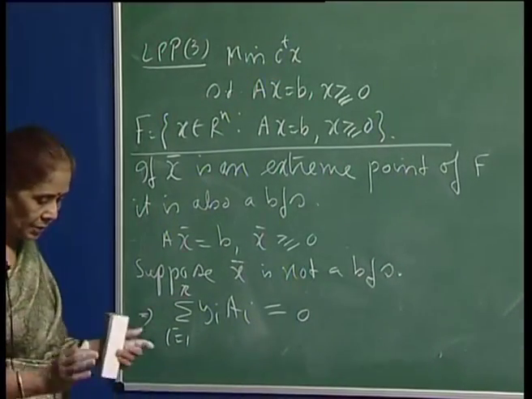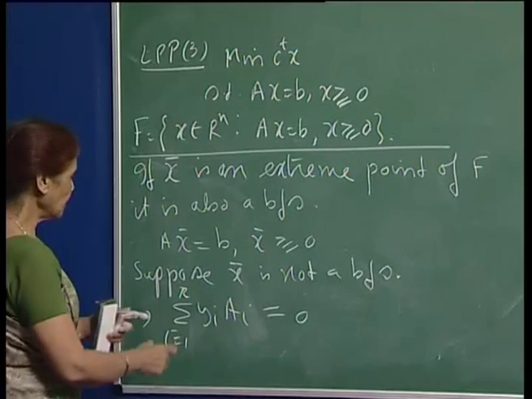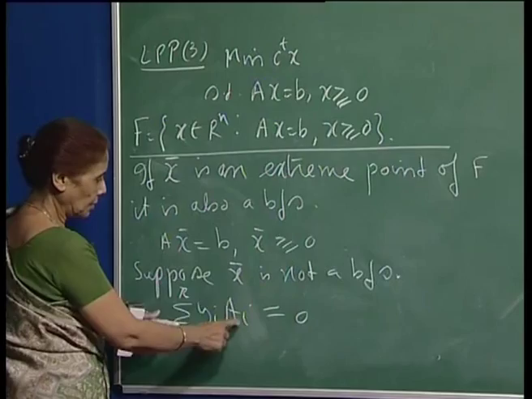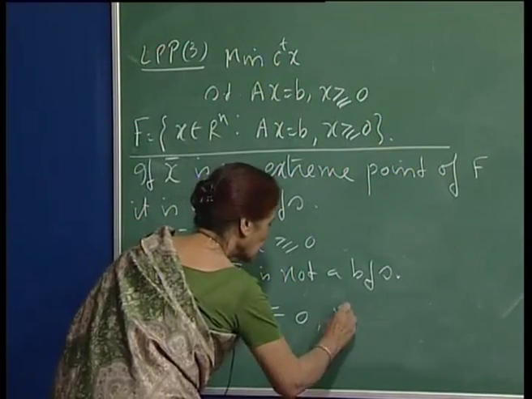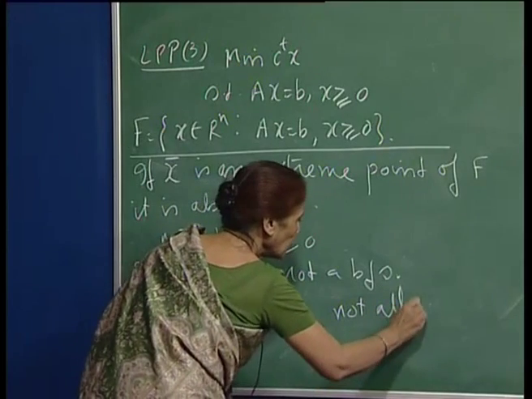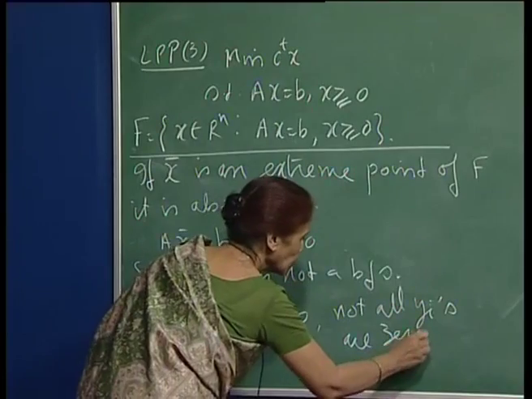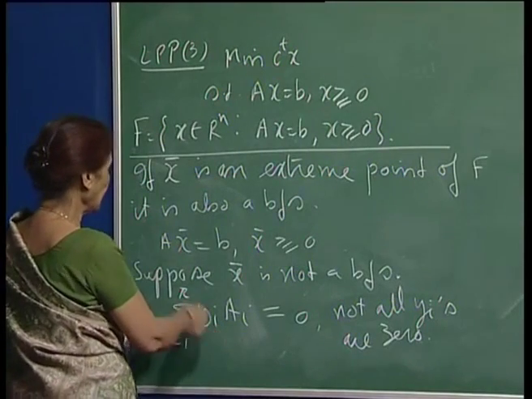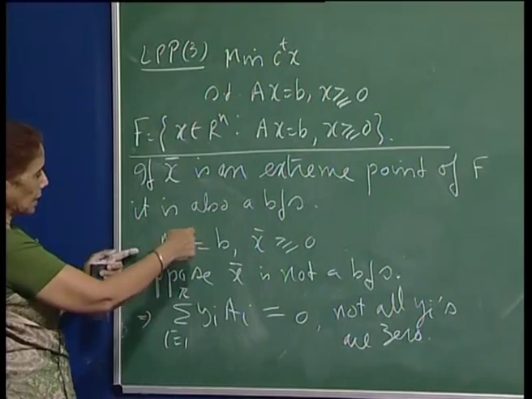So, here again I am assuming that I have renumbered the columns just as there. So, the first r columns correspond to the positive components of x bar, and so the corresponding columns are linearly dependent, right. All yi's are 0, at least some, right. Okay. Then I do the same trick, I multiply this by theta and add here. So, if you write this in expanded form, it will be a1 x1 bar and so on.